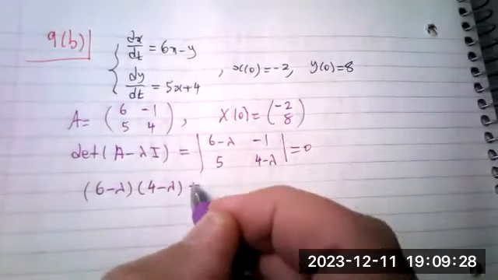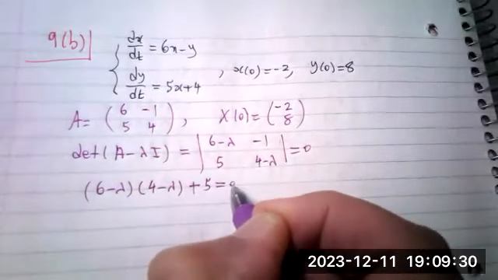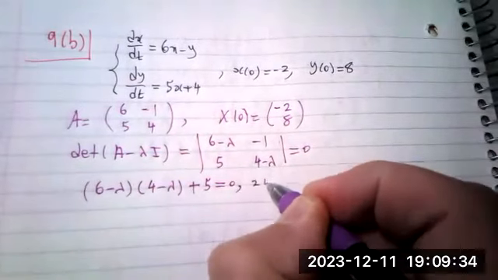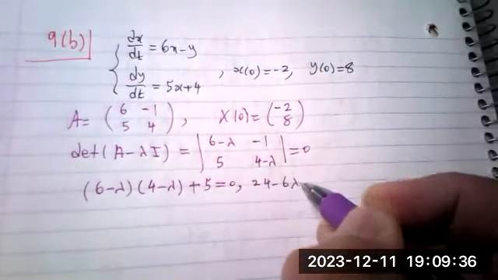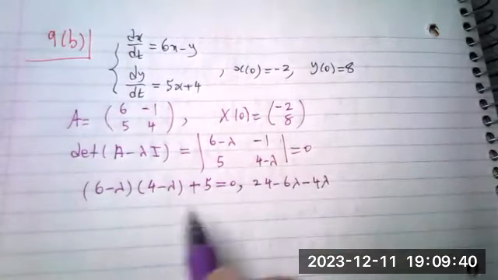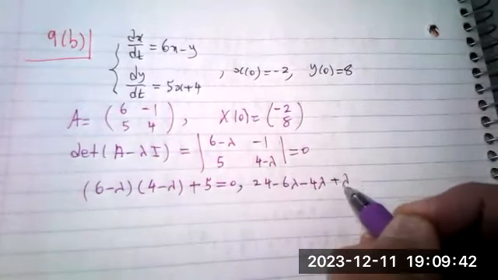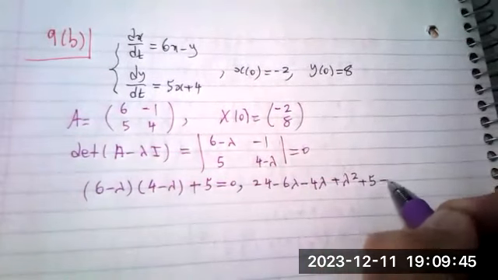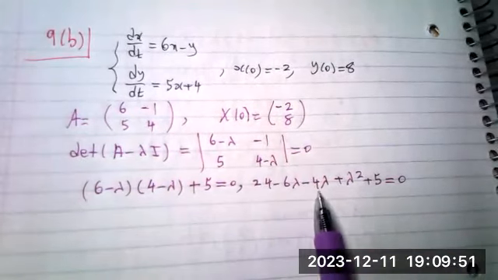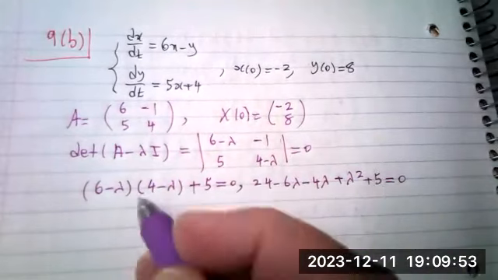Negative would be positive, so plus 5 equal to 0. So FOIL it. That gives you 24 minus 6 lambda minus 4 lambda plus lambda squared plus 5 equal to 0. Combine the like terms. That gives you lambda squared minus 10 lambda plus 29.